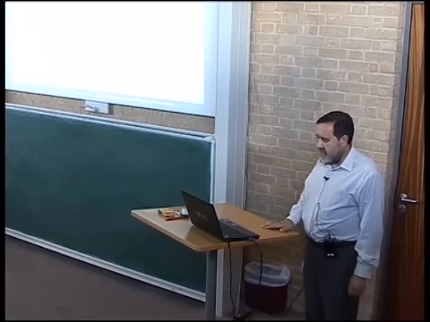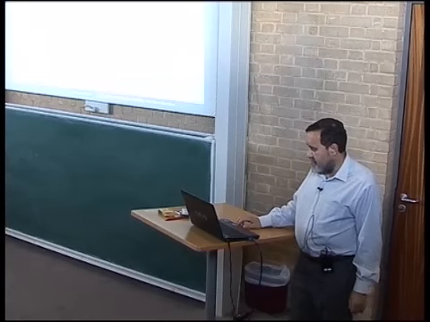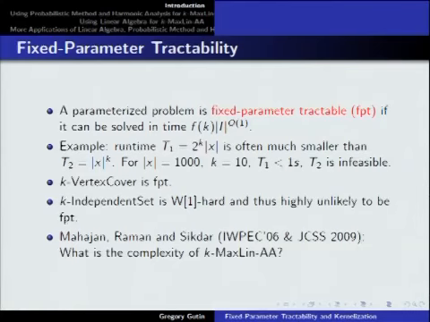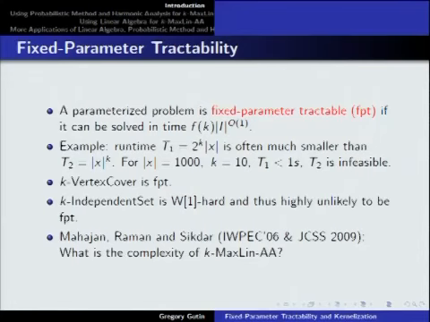Okay. Now, when is a parameterized problem called fixed parameter tractable? When we can solve this problem in time f of k, any function of k, times the size of the instance to a constant degree. Basically, if you fix k, then you get a polynomial time algorithm.